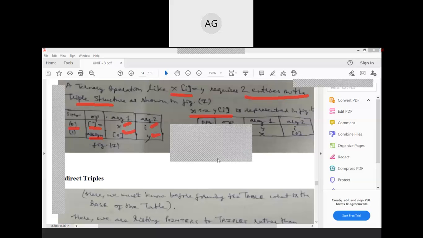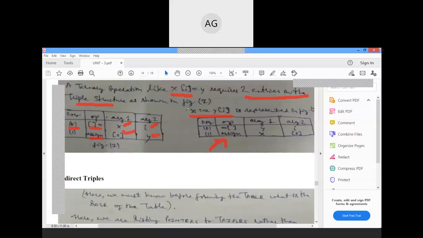We are going to finish this and the indirect triples.